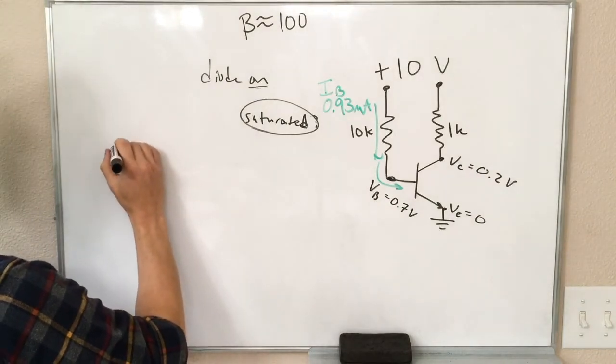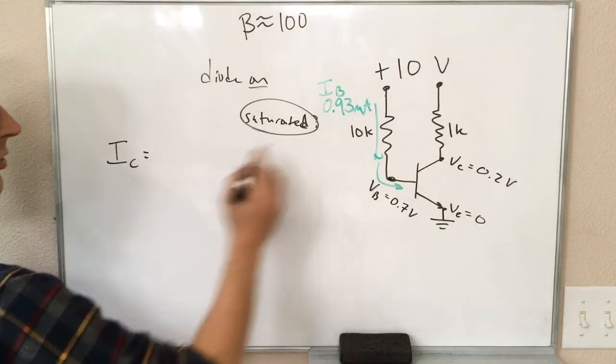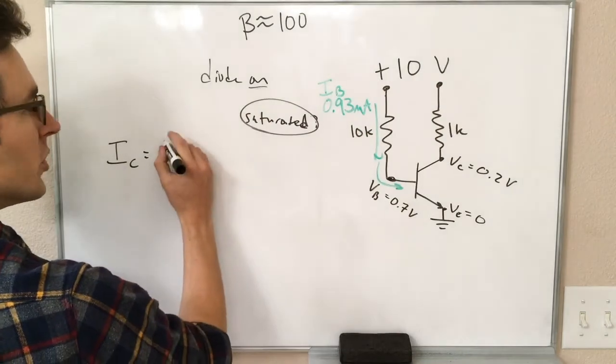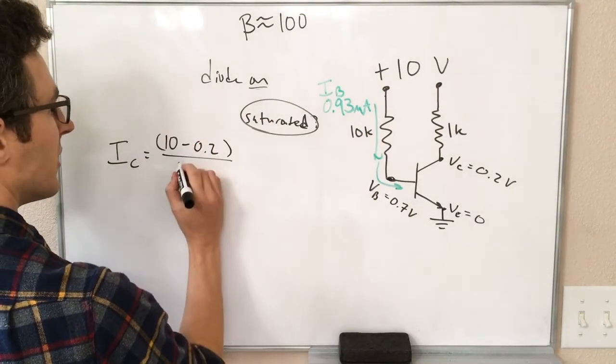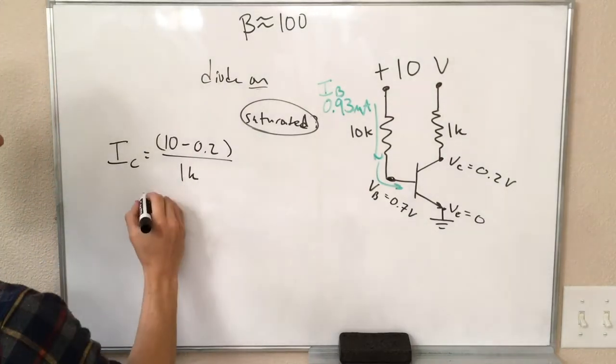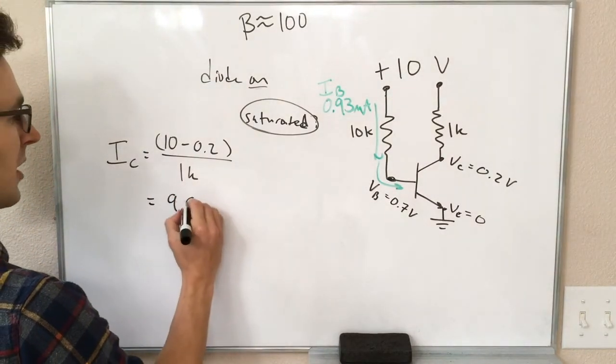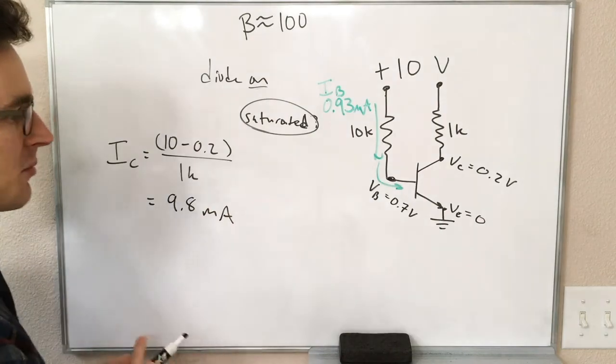So the collector current is equal to 10 volts minus 0.2 volts divided by our 1K resistor, which is 9.8 milliamps.